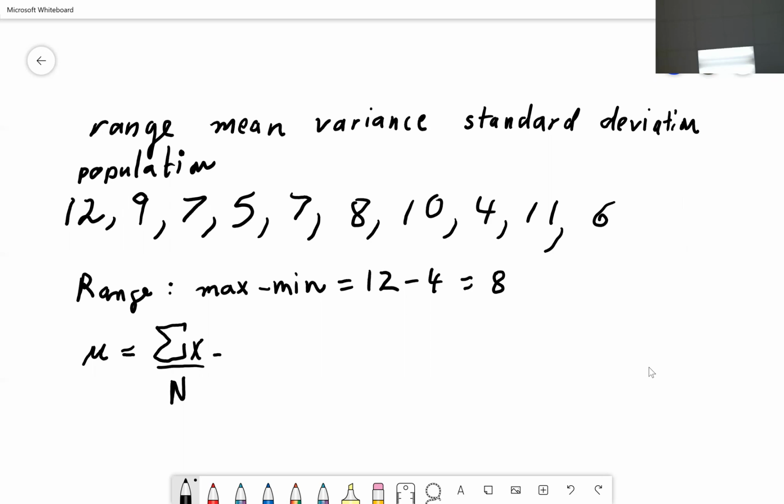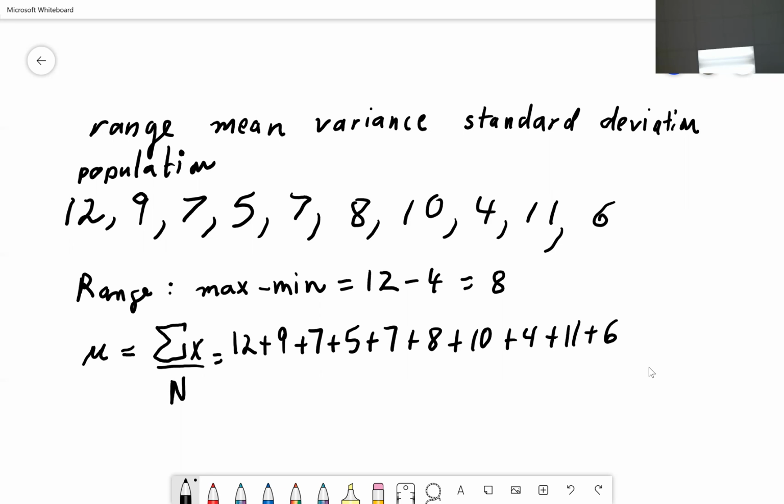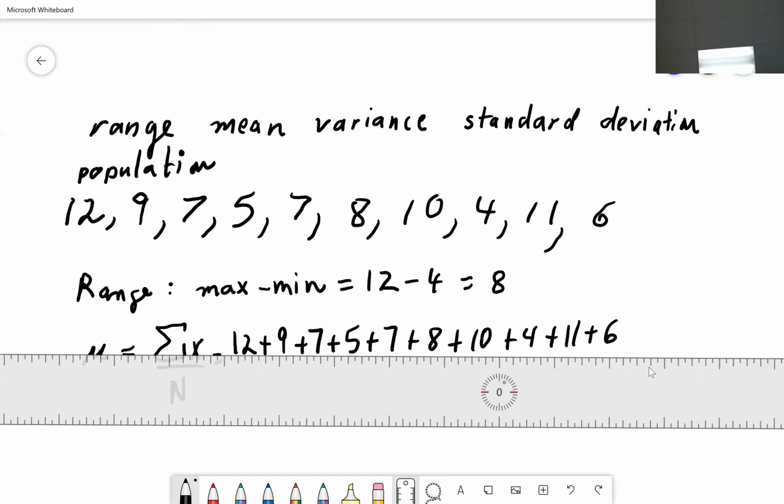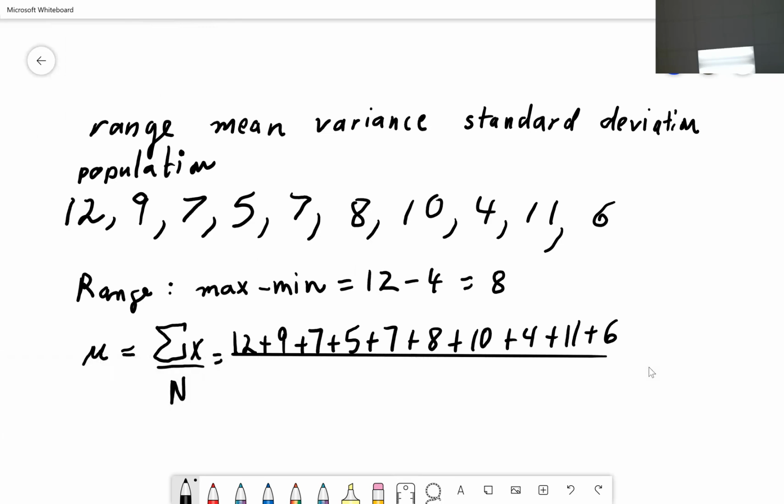So you're going to take 12 plus 9 plus 7 plus 5 plus 7 plus 8 plus 10 plus 4 plus 11 plus 6, divided by, how many numbers do we have there? We have 10 numbers. 1, 2, 3, 4, 5, 6, 7, 8, 9, 10.